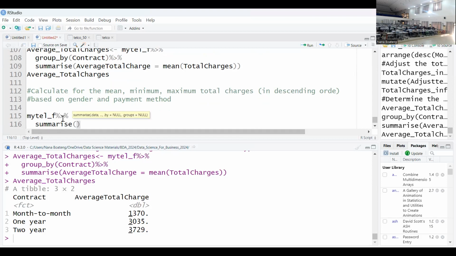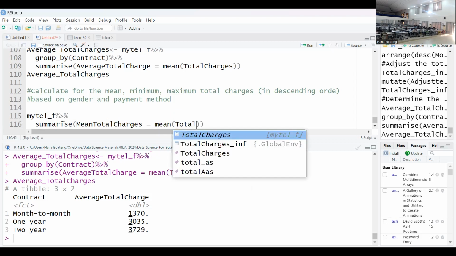In the summarize function, we want mean total charges, which is equal to the mean of the total charges, isn't it?